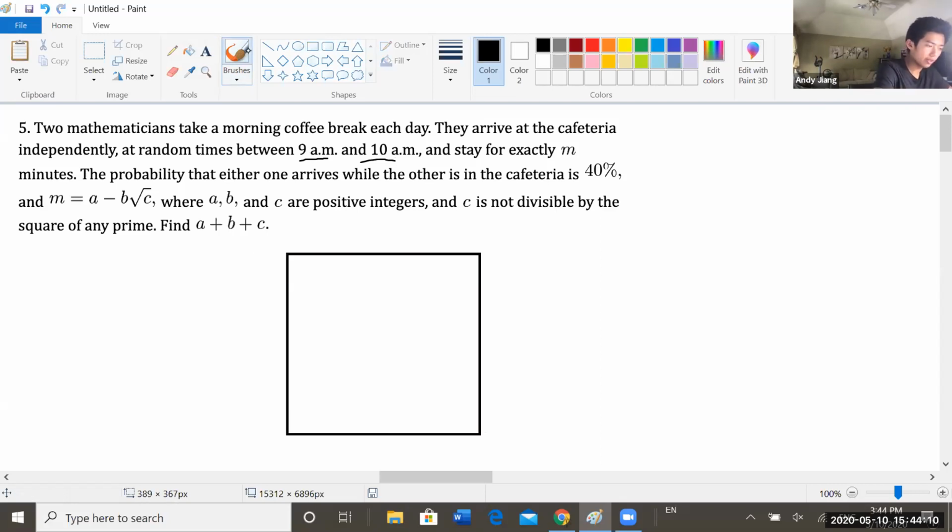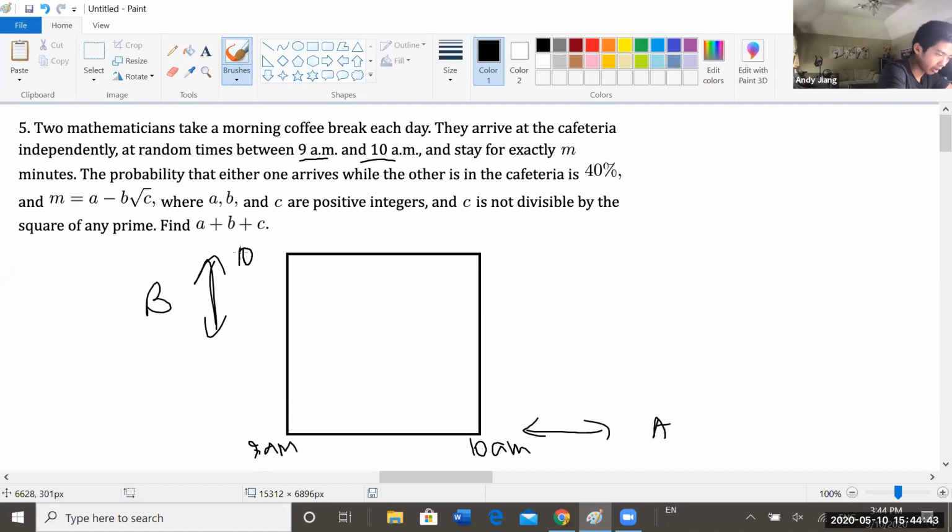The left-right direction I'll call person A, and the up-down direction I'll call person B. Whatever the x value is, that's the time that A is going to get there. Whatever the y value is, that's when B is going to get there. So I'll call this 9 a.m., that 10 a.m., and that also 10 a.m.